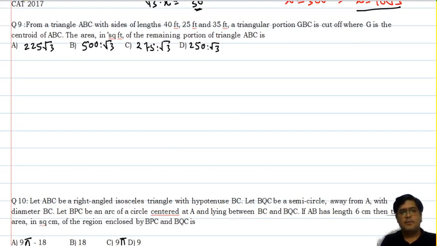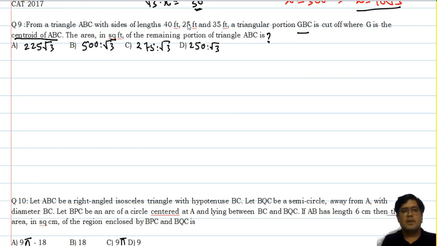From a triangle with sides of length 40 feet, 25 feet, 35 feet, a triangular portion GBC is cut off, where G is the centroid of ABC. The area in square feet of the remaining portion of the triangle ABC is.